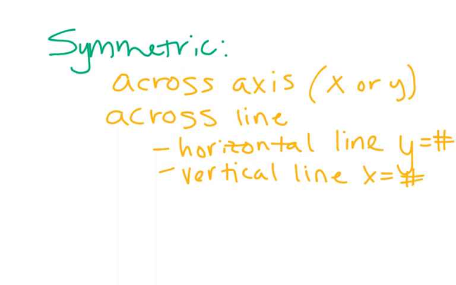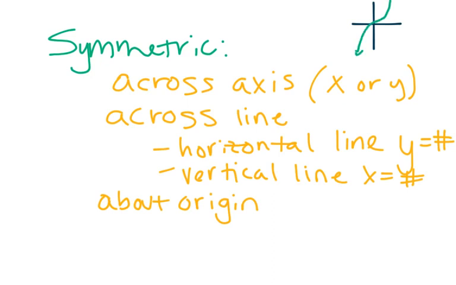And then you can actually have a symmetric about the origin. So that means that whatever it happens to be, for instance, this image up here, the equation of x cubed is symmetric about the origin, because this point right here at the origin would be kind of that spinning piece. So if you put your finger on that spinner and then spun, it would in fact go around the origin. Other than about the origin, it could be about a point as well.